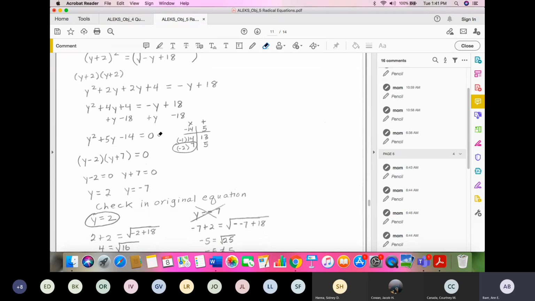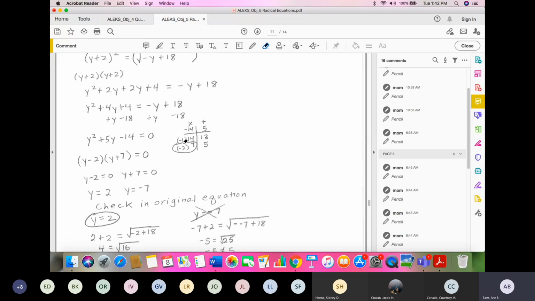Now, what are we looking for? Luckily, our quadratic equation has an understood leading coefficient of 1. So we're looking for 2 numbers that multiply to give us 1 times negative 14, which is negative 14, and add to give us 5.